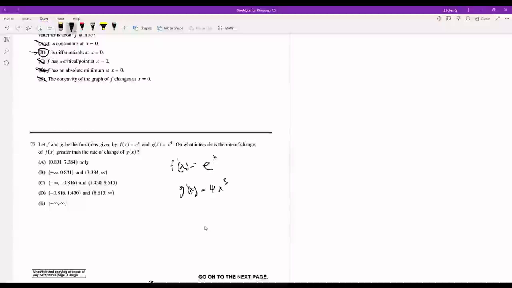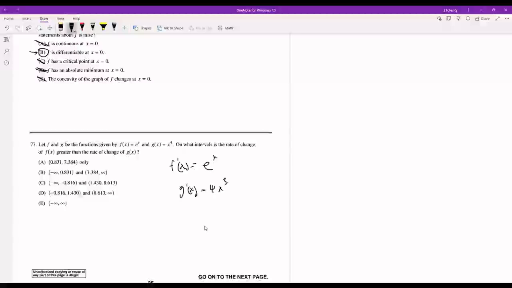I mean, you can solve this by setting these equal to each other and finding out where they intersect, and then finding out which is greater on each interval, which you would actually need a graphing calculator for still. But I think the easiest method is just to graph them. Let me just grab my graphing calculator.